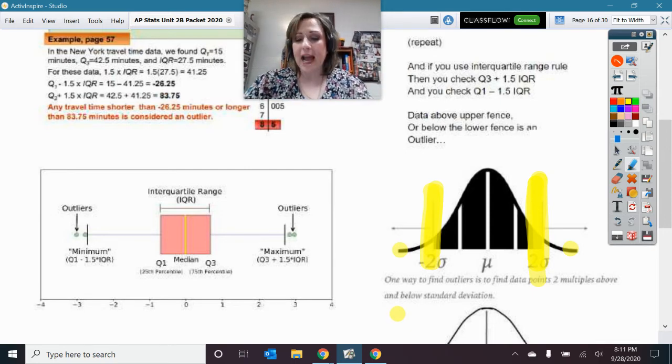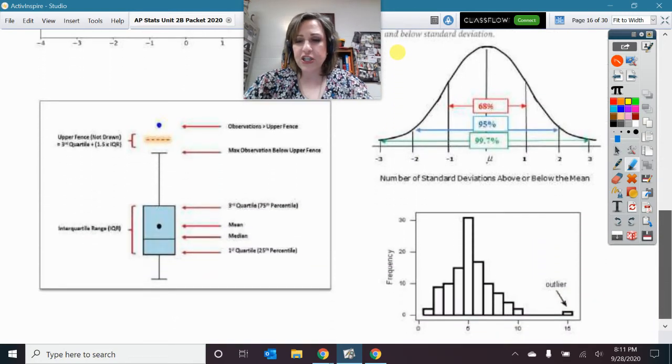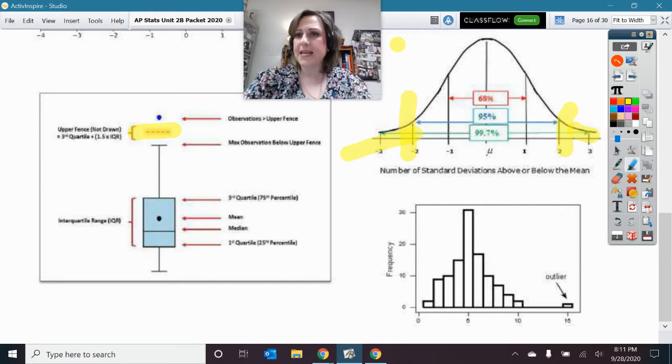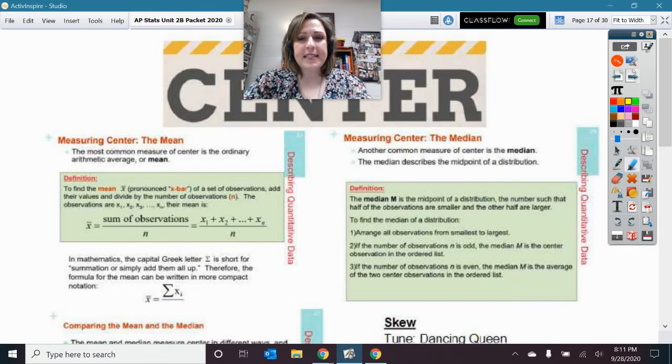Okay, so there's our outlier rules. Here's just some other pictures to represent. See, here's an example of our fence over here on the left, and then we have 2 standard deviations and above, 2 standard deviations and below are the outliers. Okay, outliers. Now we're going to talk center.